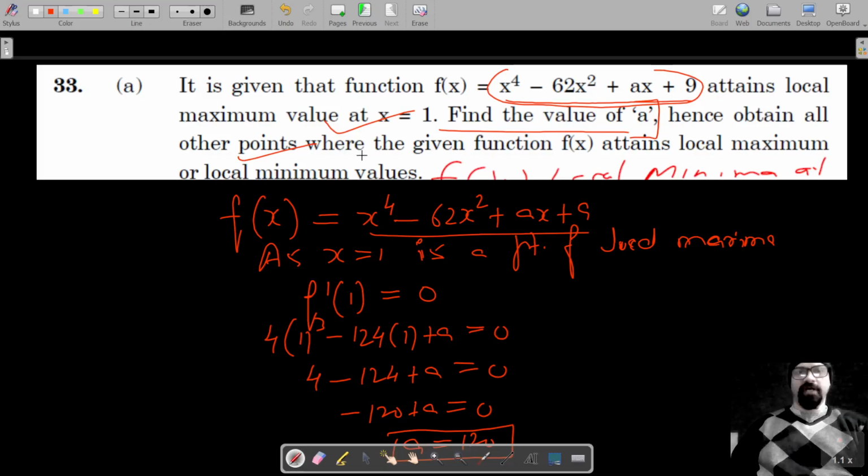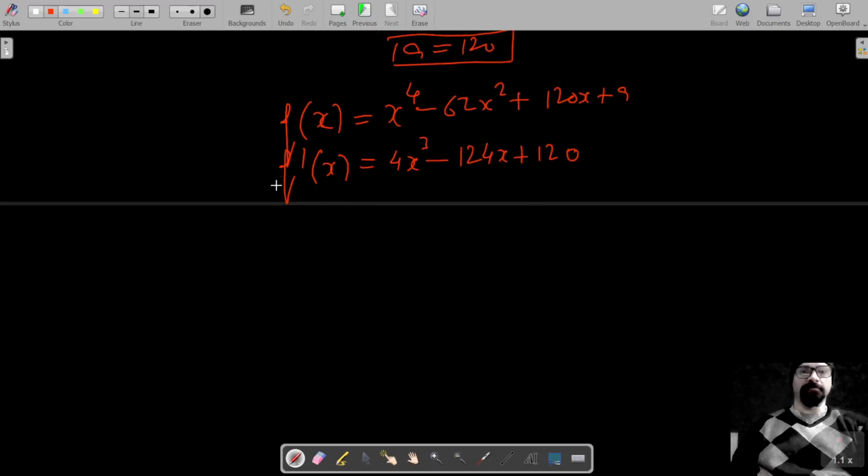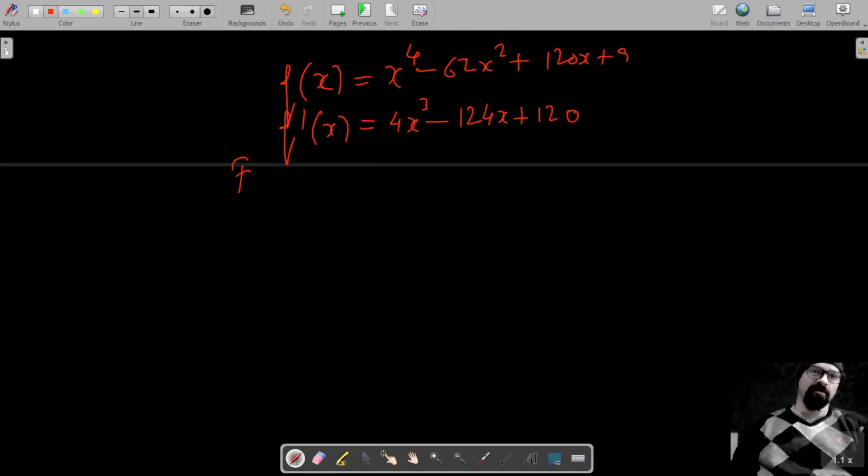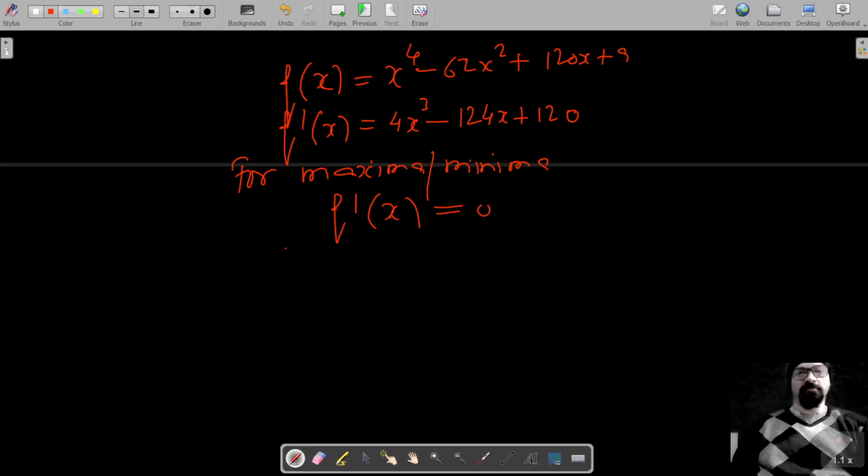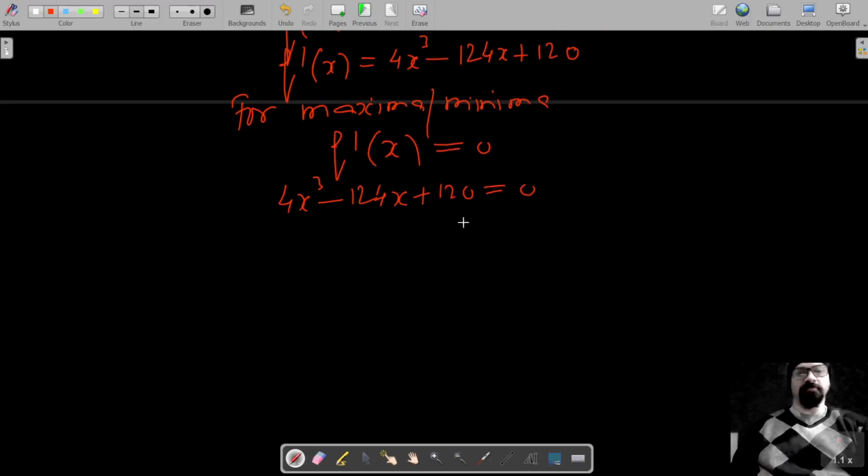Now we have to find all other points where the given function attains local maximum or local minimum value. And we know that for maxima or minima, f dash x should be equal to 0. So that means 4x cubed minus 124x plus 120 is equal to 0.